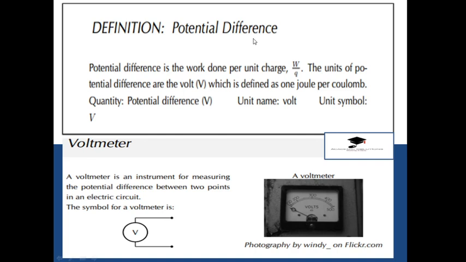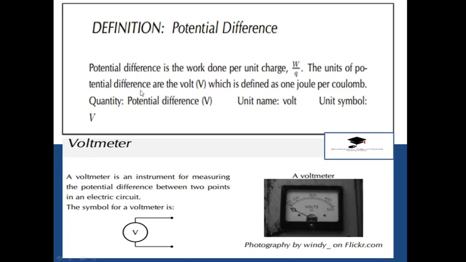So remember, we already know that charge is measured in coulombs. So if there is work that needs to be done on these charges so that they can move, that work which needs to be done on the charges is what we call potential difference.